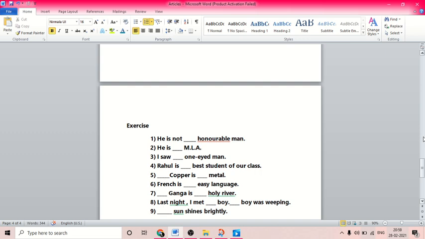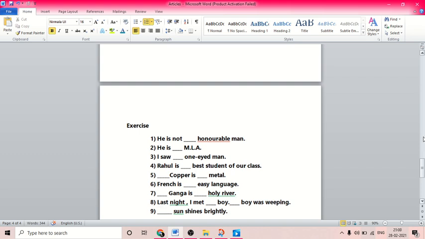Fourth one, Rahul is dash best student of our class. Here best is the superlative degree. That's why we use the. Fifth one, dash copper is dash metal. Here copper is a general metal, that's why we don't use any article. With metal we will use a.